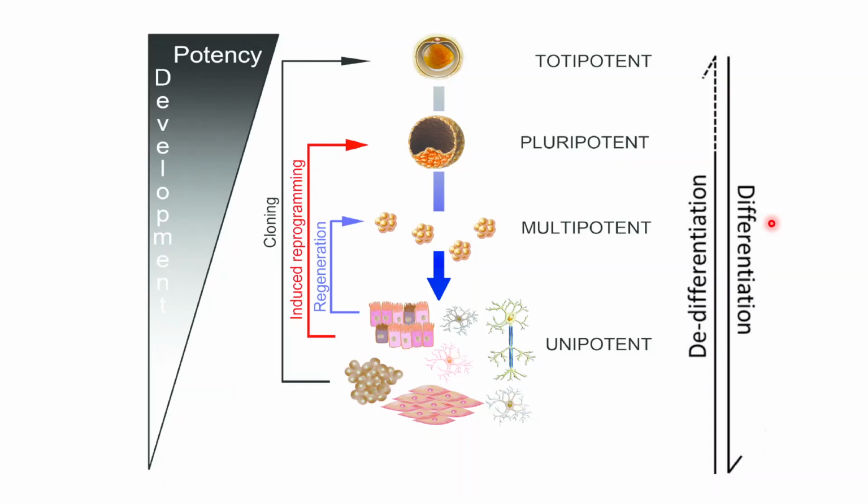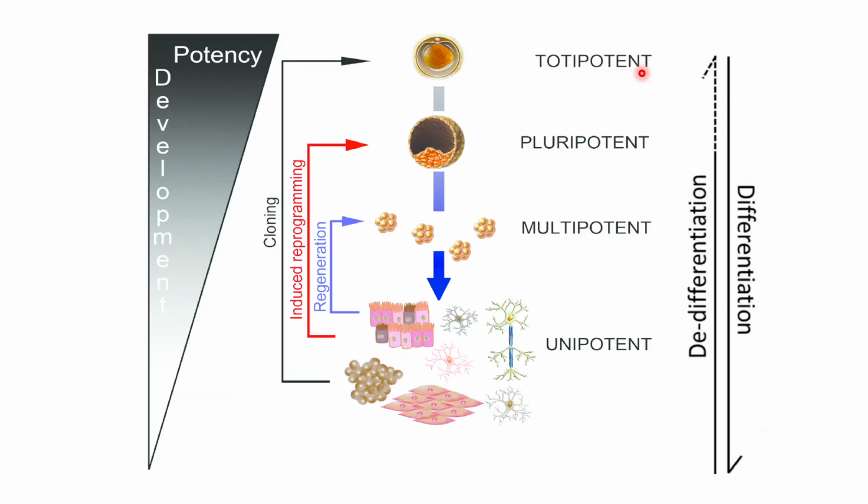That is, say at the beginning, in the zygote stage, that is the zygote which is formed by the union of the male and the female gametes, at that time, a cell is said to be the most potent. That is, potency refers to the ability of a cell to give rise to all other kinds of cells.